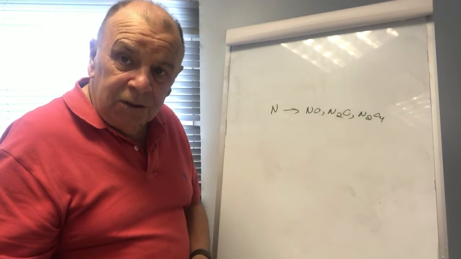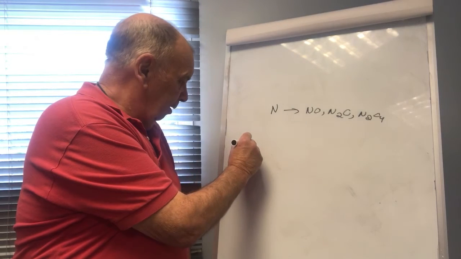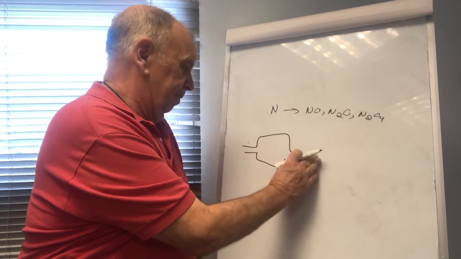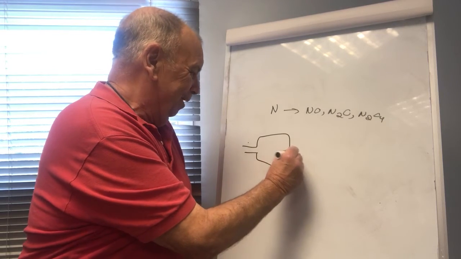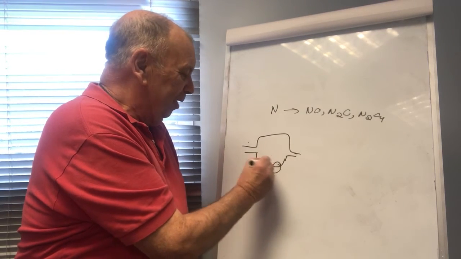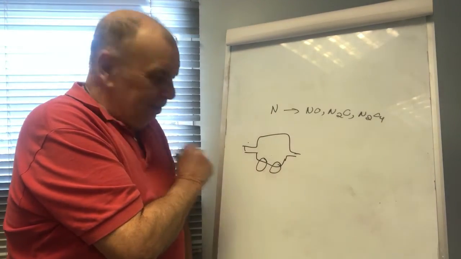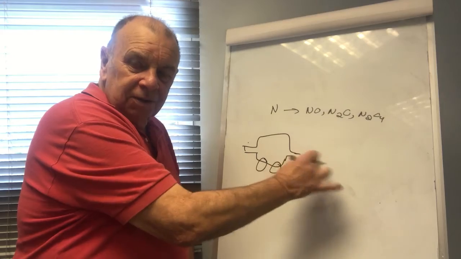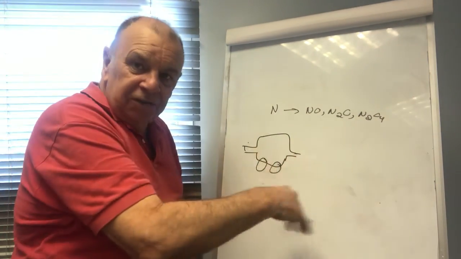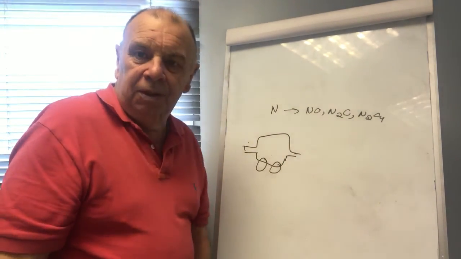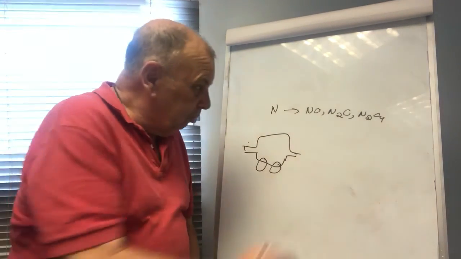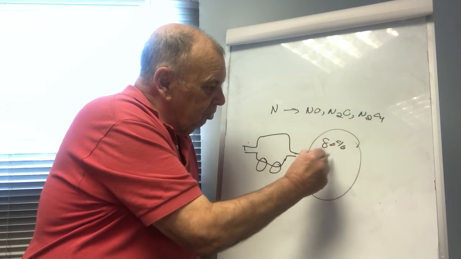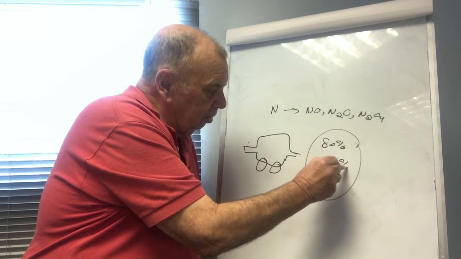And another source is your car. There's hot exhaust coming out of there. The atmosphere contains approximately 4/5 nitrogen, 80% nitrogen, 20% oxygen.